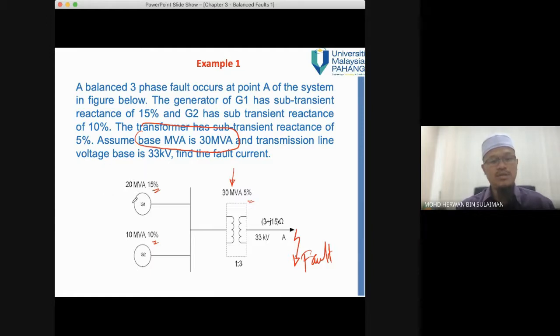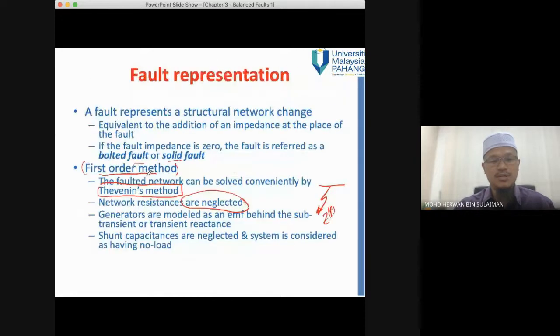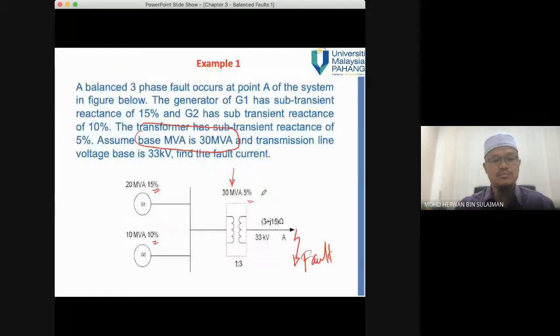Okay, so in the impedance diagram, normally generator kita akan tukar dia ke bentuk we model as back EMF behind the subtransient reactance. So kita punya generator satu ni tu akan ada voltage source kan. And then ada impedance X"d ataupun X'd.